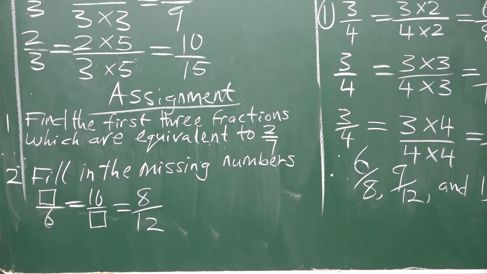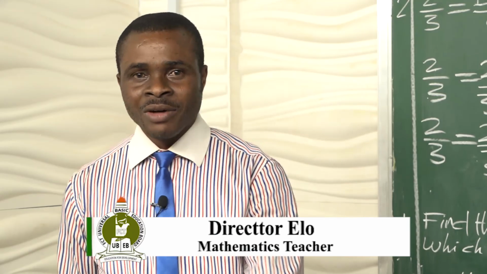Okay, number 2, fill in the missing numbers. The box over 6, 10 over the box, and 8 over 12. Sorry, it is 12, not 2. So you have 8 over 12.